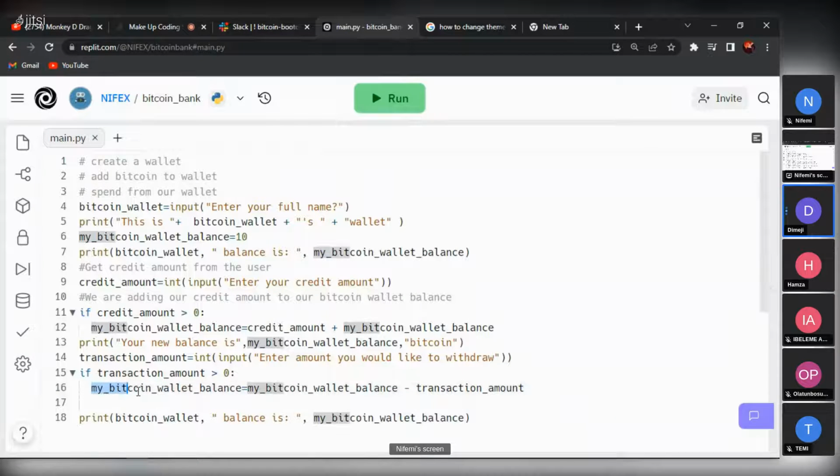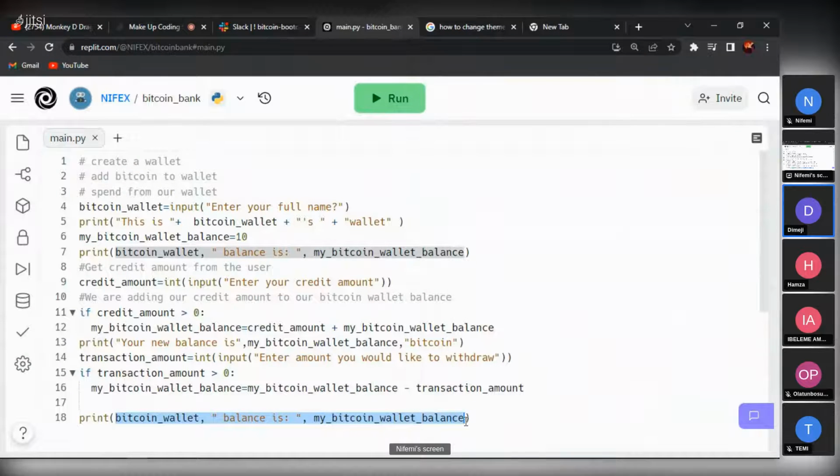So what would line 18 print, Ibeleme? Let's say the Bitcoin wallet is Ibeleme. So what would it print? Remember we said it's a variable, right?